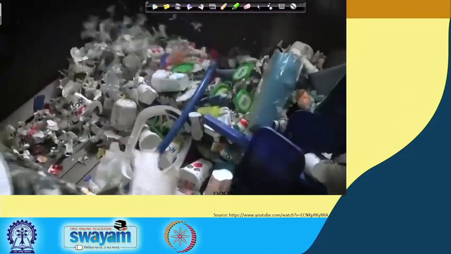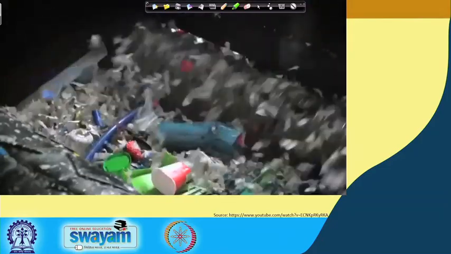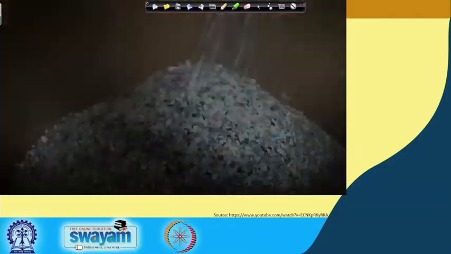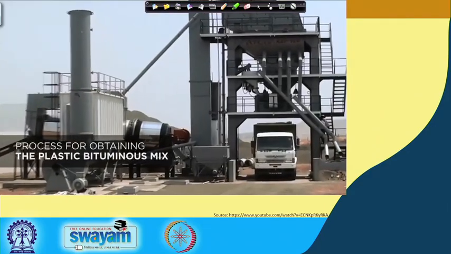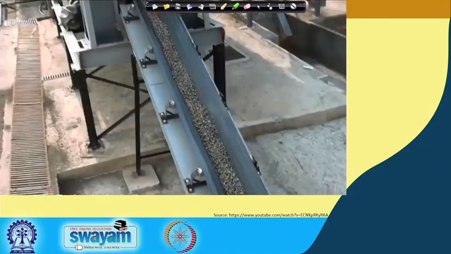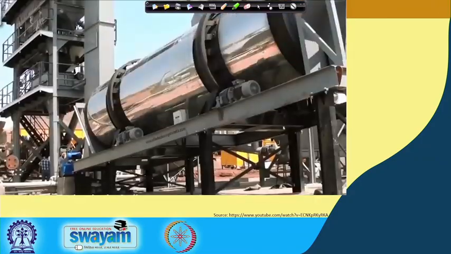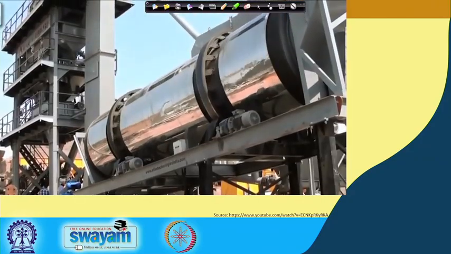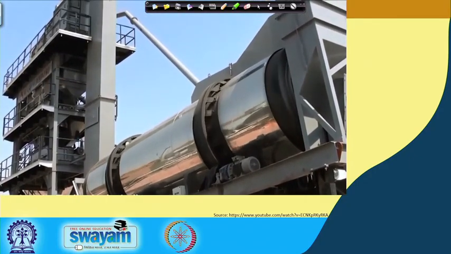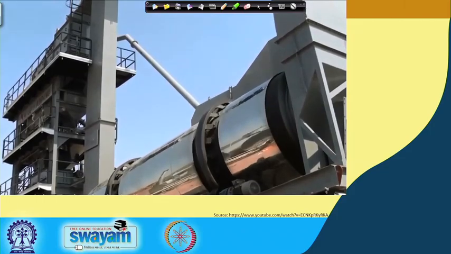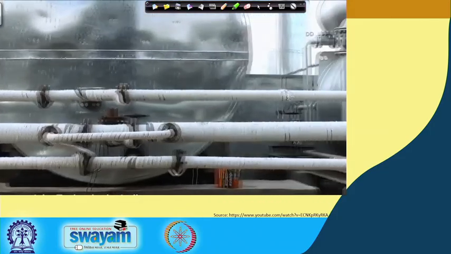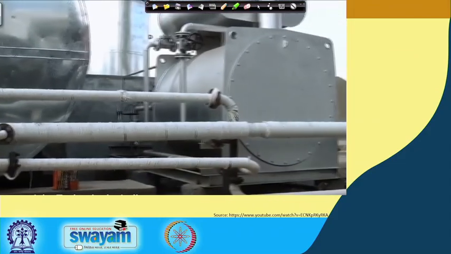The shredded plastic will measure between 10 to 15 millimeters. Fixed proportions of shredded plastic are added to the aggregate on a conveyor belt in a hot mix plant. It is then sent to the mixer, where the shredded plastic melts and forms a layer on the aggregate. This process happens at temperatures between 170 to 180 degrees centigrade.